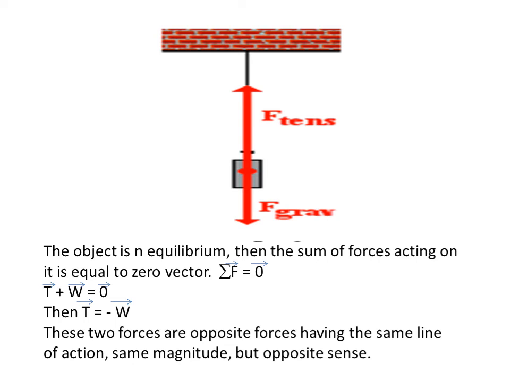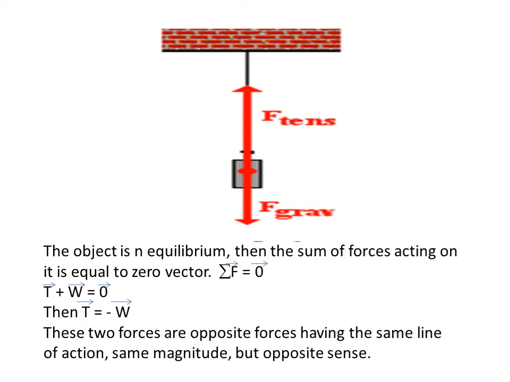Let's take the example of tension. The force of tension and the force of weight, as we have taken it before. Where is the point of application for the weight? The center of gravity, the line of action is vertical, the sense is downward, and the magnitude, of course, depends on the scale.